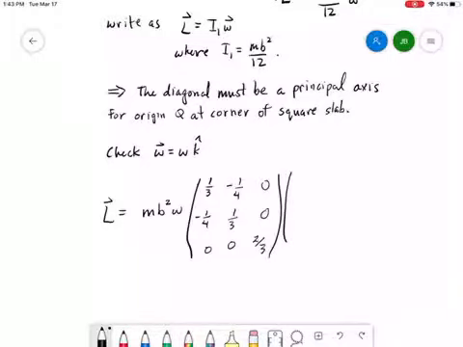Okay, and then omega has just one component, and that's the z component. And so here the matrix multiplication is pretty easy because we get zeros initially. We get 1/3 times 0 plus minus 1/4 times 0 plus 0 times 1. And so the first element is mb squared omega times 0. For the second element, we're also going to get 0. And for the third element, we'll just get 2/3.